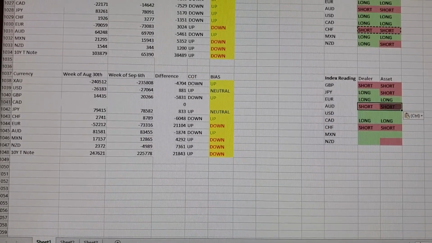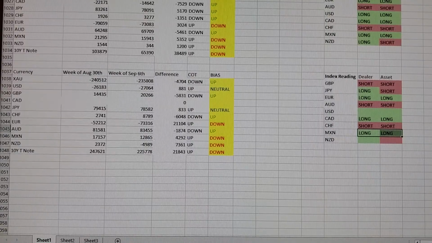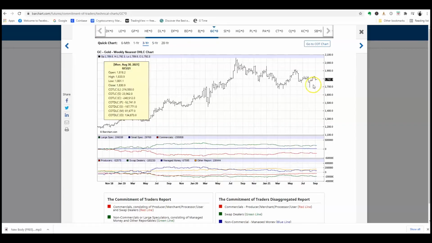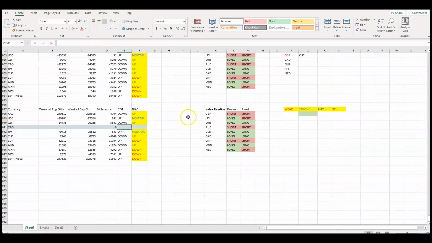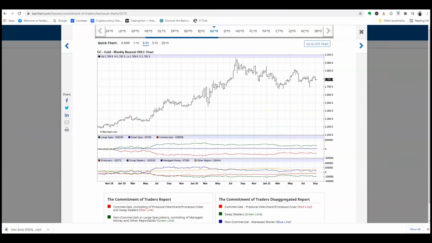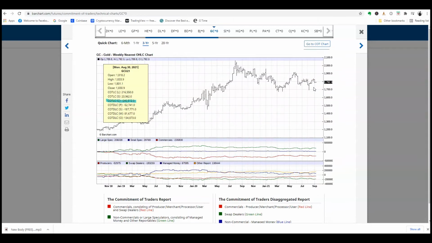The first one that I pay attention to is gold. For gold, I'm looking at August 30th and September 6th. On August 30th, I look at the COT LCC on the screen, and you see negative 240512.0.